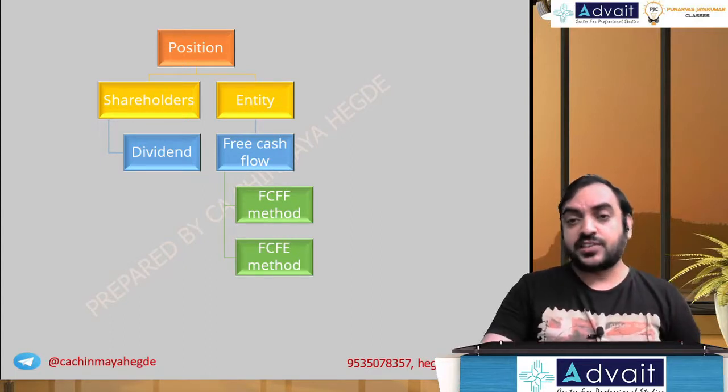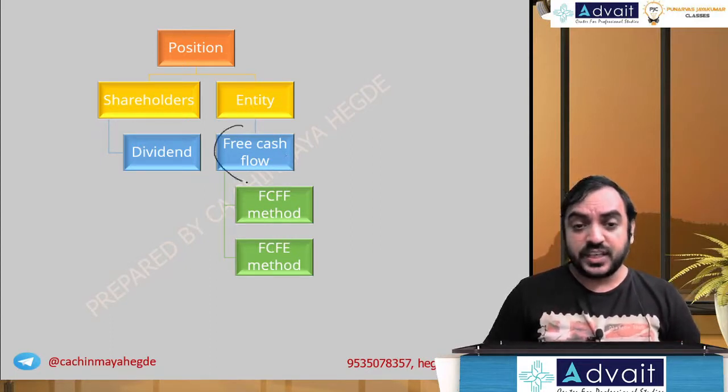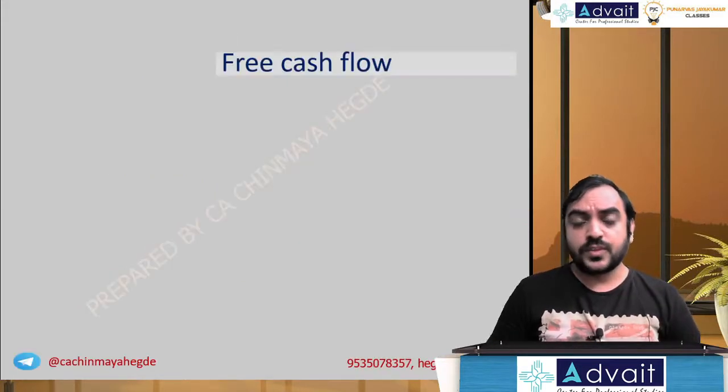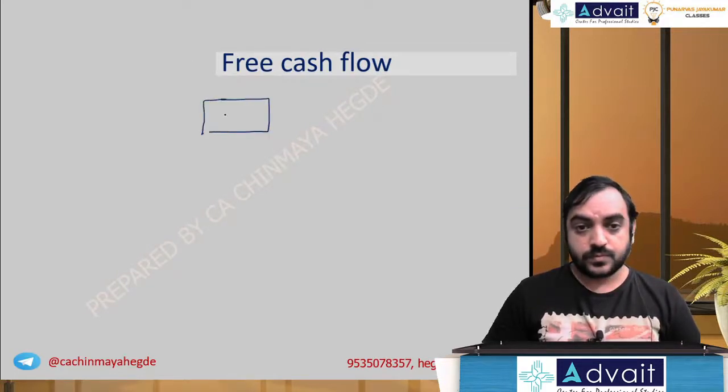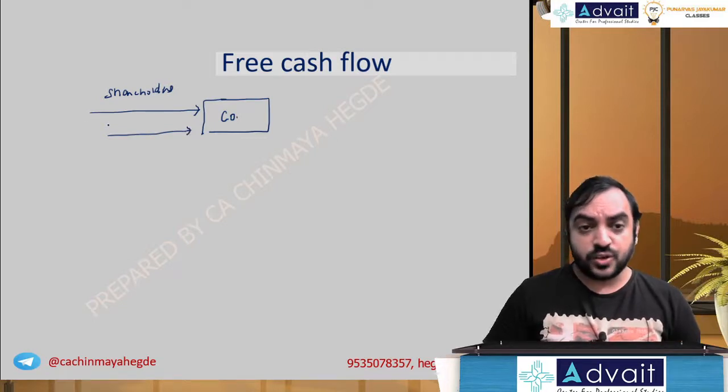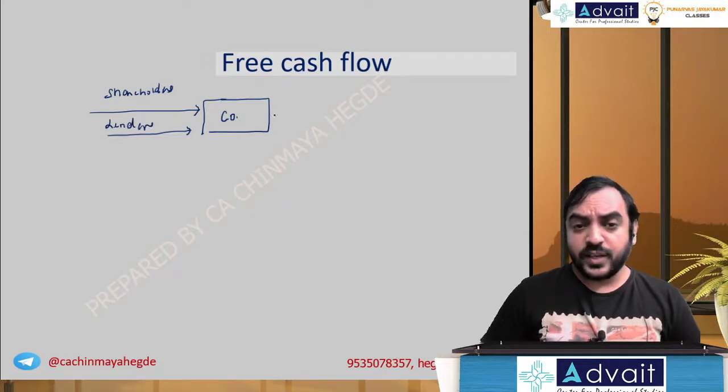But first of all, let's understand what is this free cash flow means. Basic structure, you have company, you get the money from various kinds of people, that is shareholders, or you get money, loan, debt, like debenture holders, let's say, or lenders, and you invest in various business.